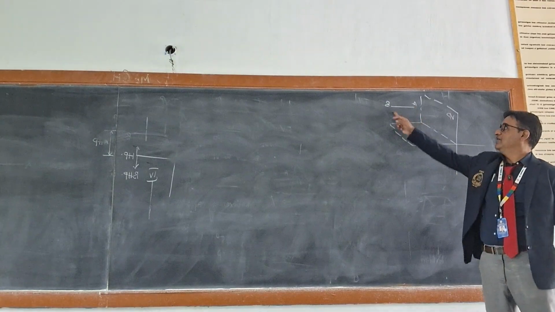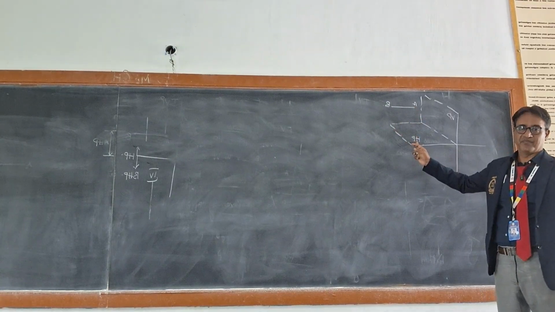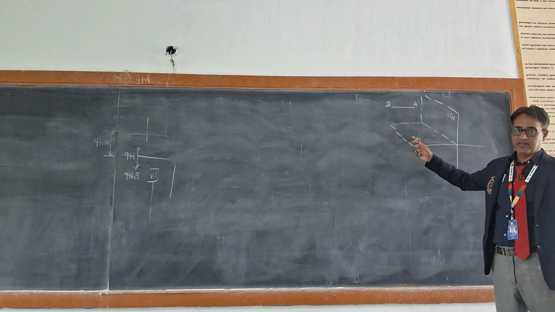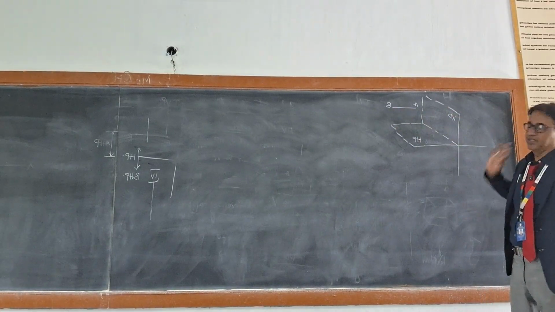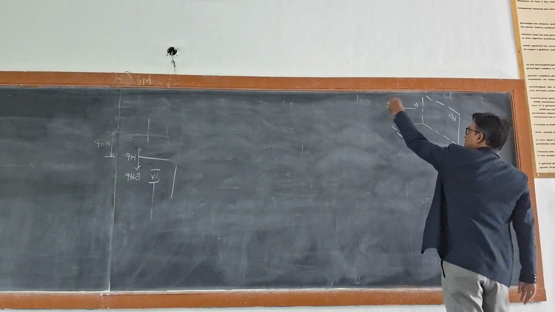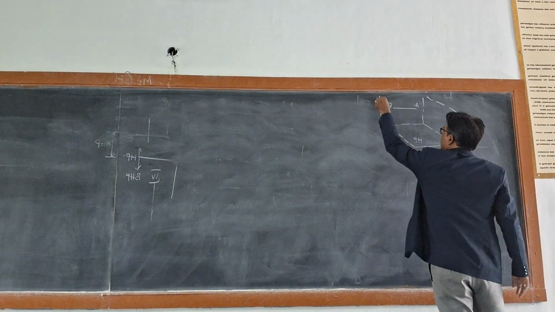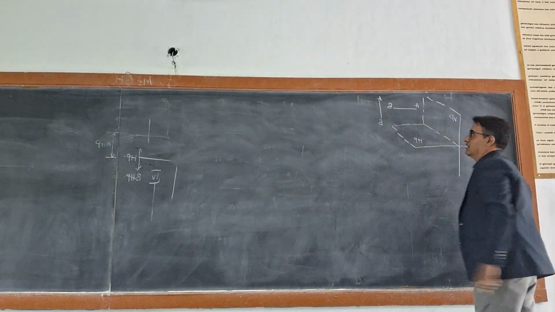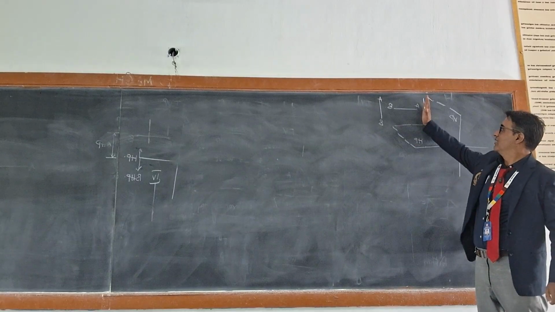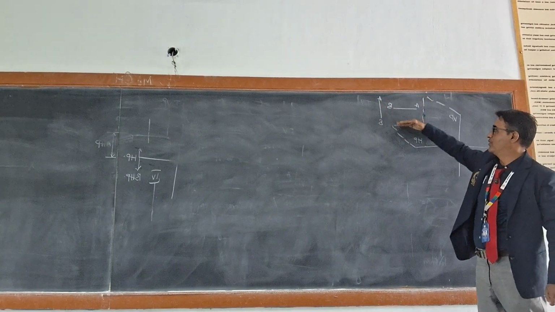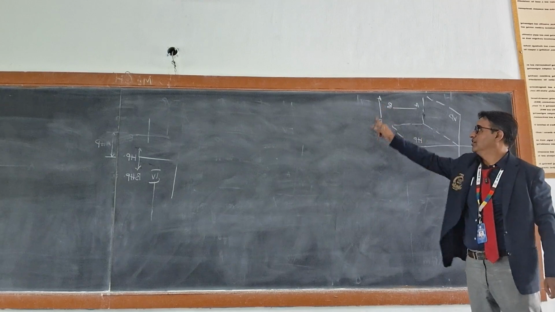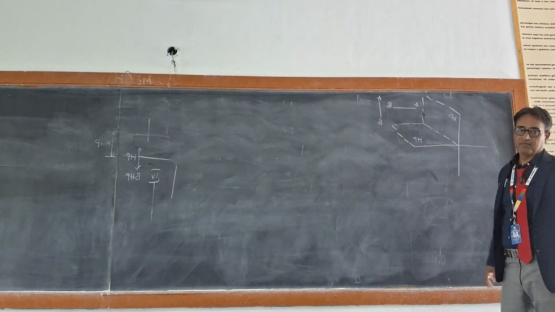Here you can see the line AB is parallel to HP, and at the same time, the line AB is perpendicular to VP. Okay. And what about this? Say AB. Now, this line AB is parallel to the vertical plane, and at the same time it is perpendicular to the horizontal plane.